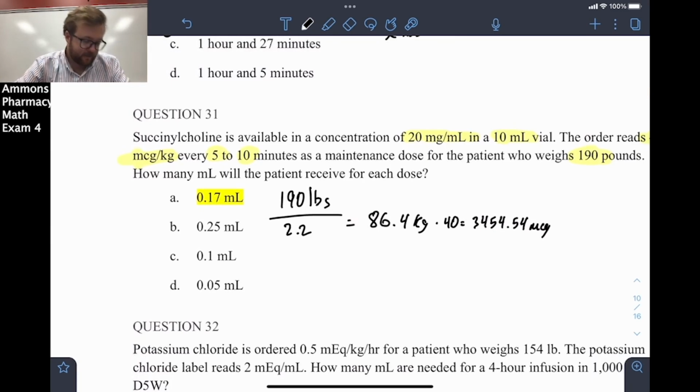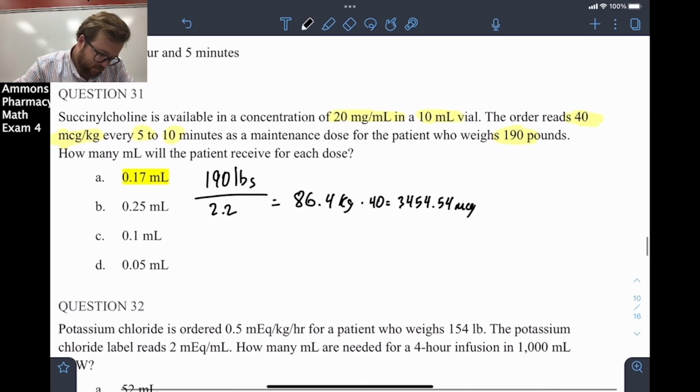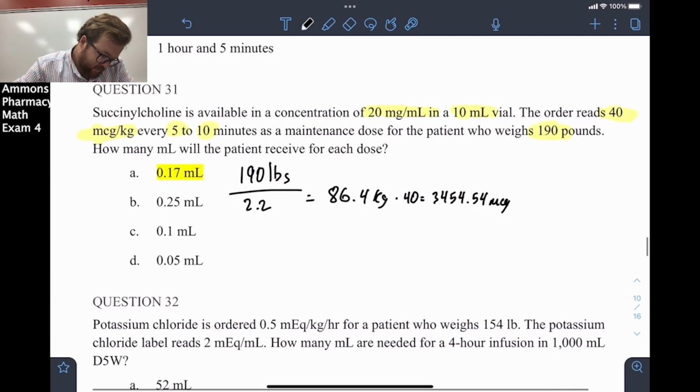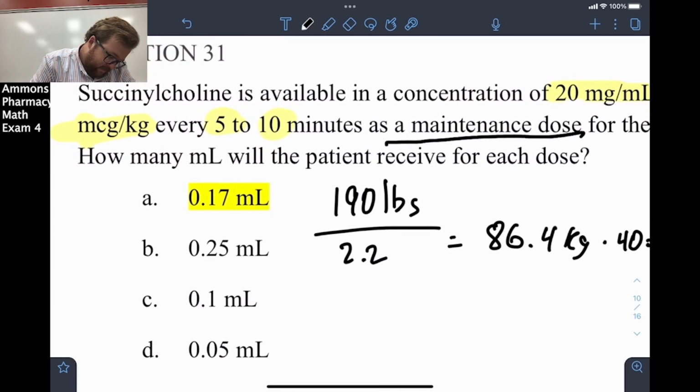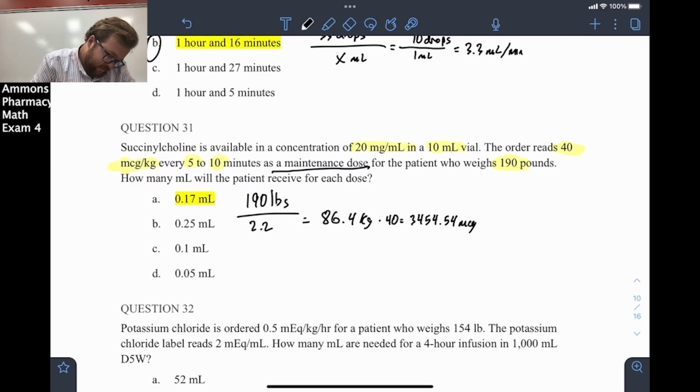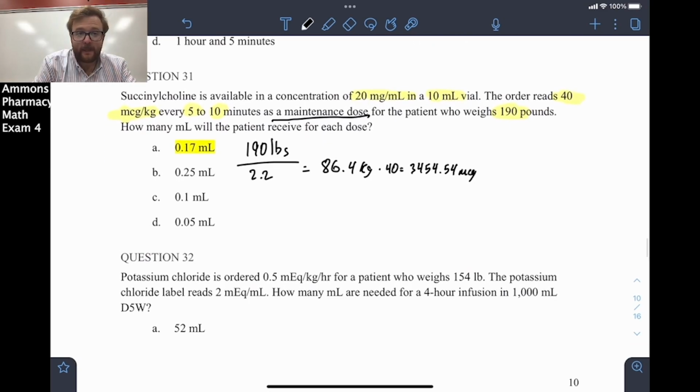Every 5 to 10 minutes. Now, the time does not matter. If you're confused as I am looking at the time, it doesn't matter because it says for one dose.